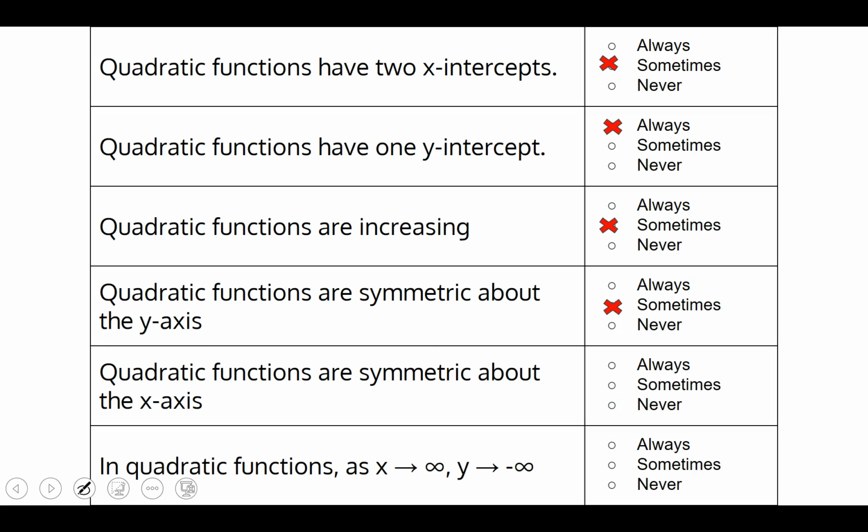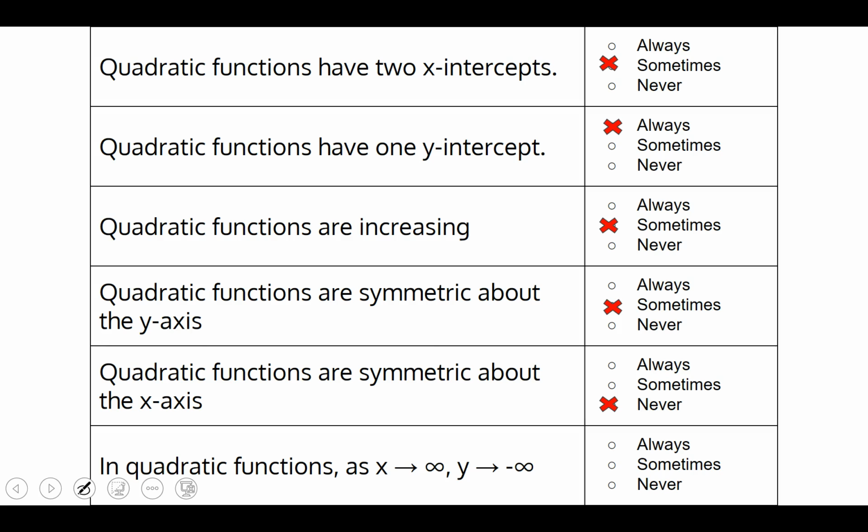All right, quadratic functions are symmetric about the x-axis. Maybe they're like this? Never! Never. That would mean that they fell over. That's a whole different function. We're not doing those. All right, last one.